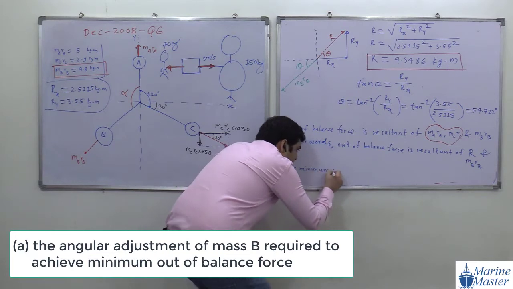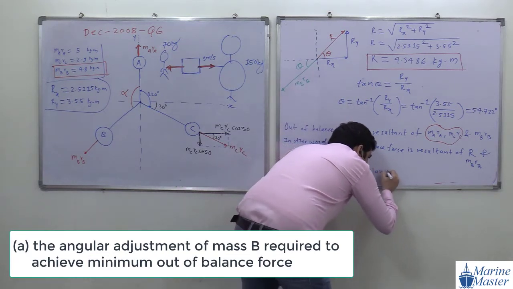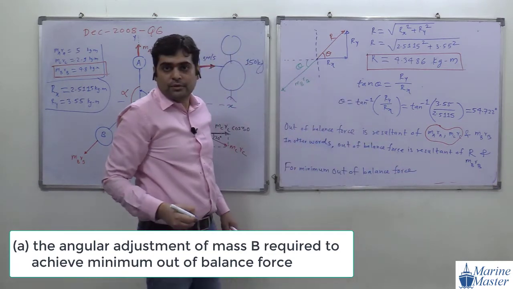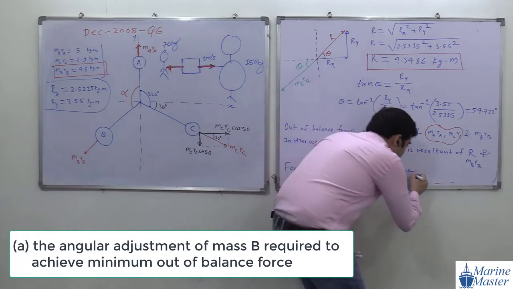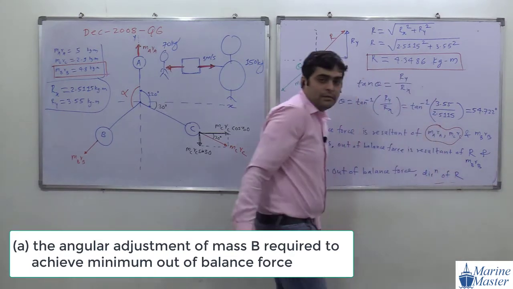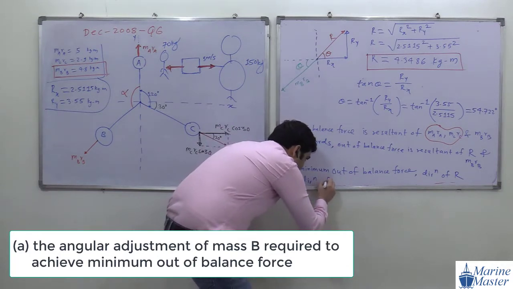For minimum out of balance force, the direction of R and the direction of MBRB must be opposite to each other.